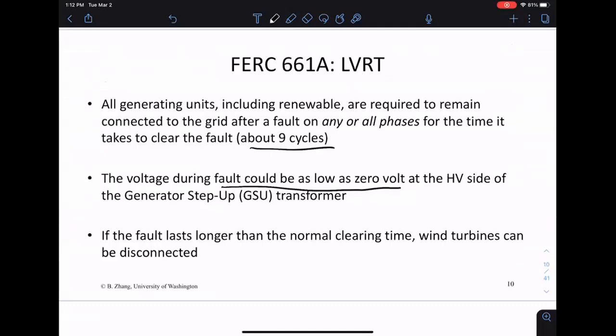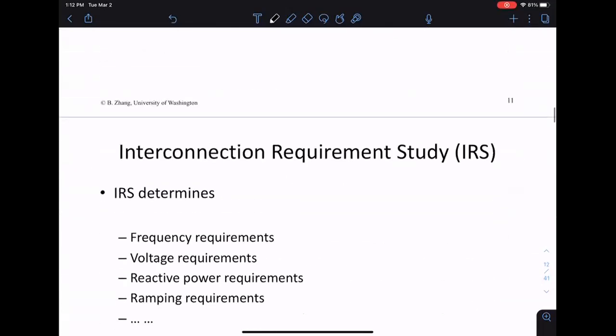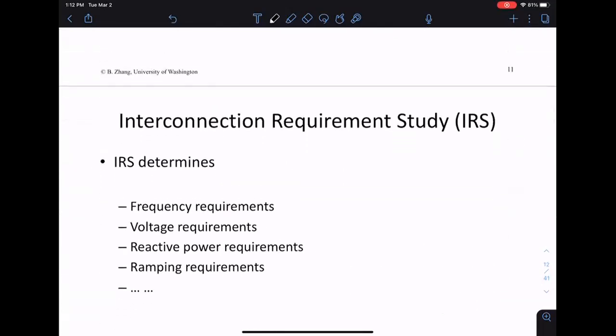This is updated every few years or so. The requirement basically says: what is the frequency drop that you have to ride through? What is the voltage drop you have to ride through? What is reactive power? What is ramping? All those things, if you're coming to the system, you have to satisfy. You have to show that you're able to satisfy this requirement.